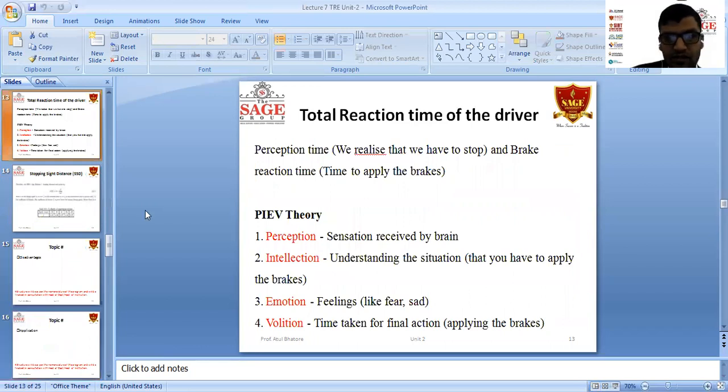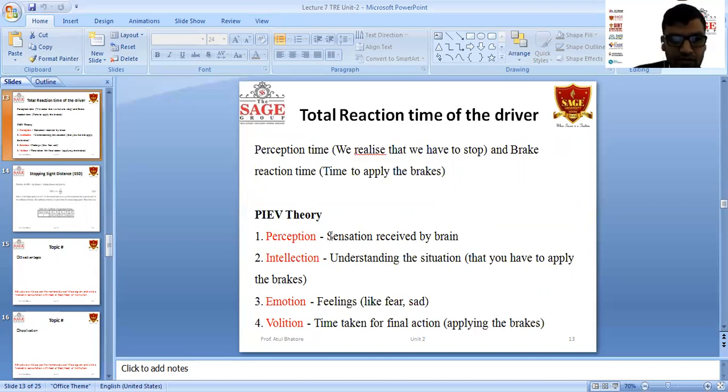If you talk about the driver's reaction time, it can be explained in the form of PIEV theory, where P stands for perception, I stands for intellection, E stands for emotion, and V for volition. Whenever a driver is moving on the road, the following things are continuously running in the mind of the road user.